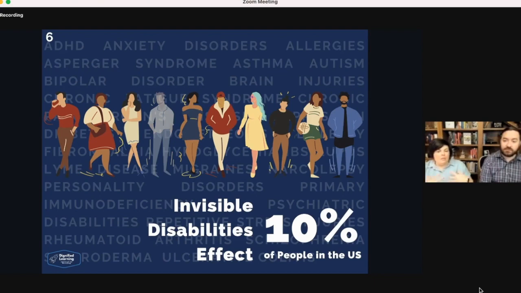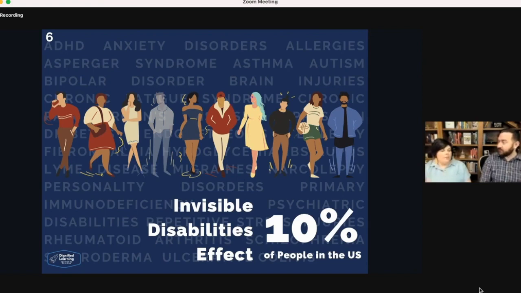And the individual learner who has perhaps an invisible disability might not even be aware of it themselves. So at Dignified Learning, another pillar is respect. And it really sounds like we're tying the two together here, that we're creating training that respects learners that are living with disabilities, making it accessible for everybody, even though you may not know exactly who has a disability.